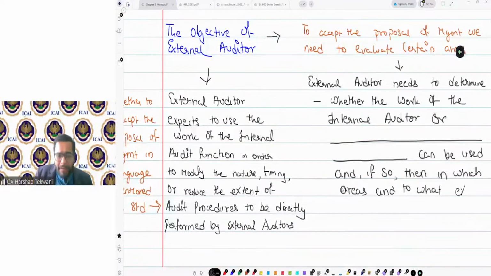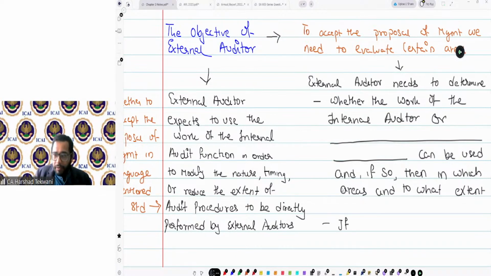I keep a big dash over here; I will discuss why in some time. That is the first point that we need to understand. If we want to use the work of the internal auditor, can we use it? If yes, then in which areas and to what extent?